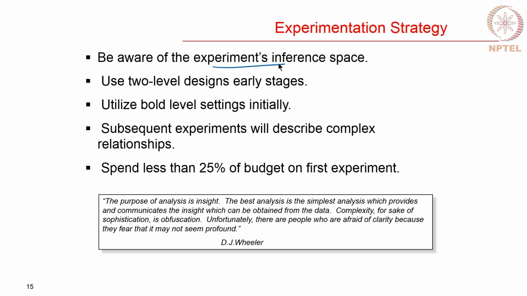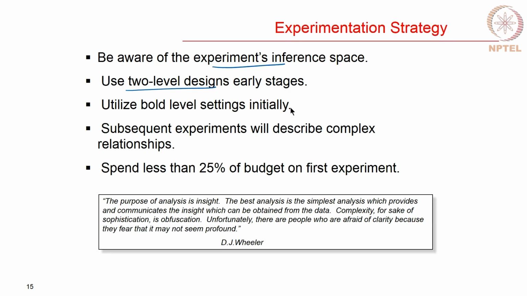If this is what it is, what does that output mean? For that output, data wise this input is required, but physically does it make sense? That is what the inference space is. Use 2-level designs at the early stage, higher level designs at a later stage. So, 2-level designs give you the basic idea. It is okay to assume a linear relationship to begin with, but you will obviously identify the non-linearities over a period of time.